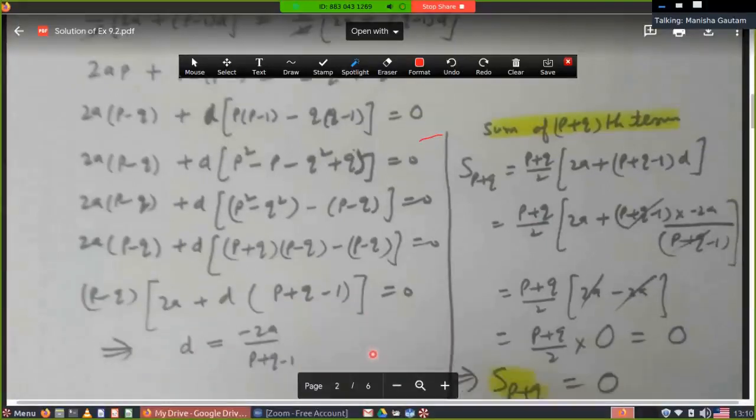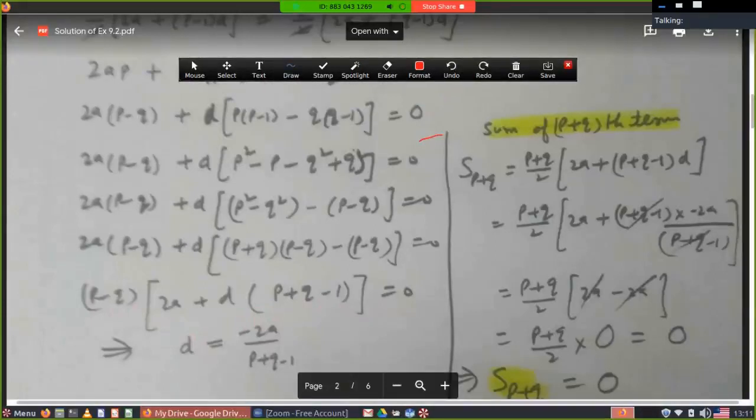Now further you can simplify it. P minus Q is not equal to 0, but 2A plus D into P plus Q minus 1 equal to 0. You can find out the value of D from here. You can simplify it by doing the question like this.